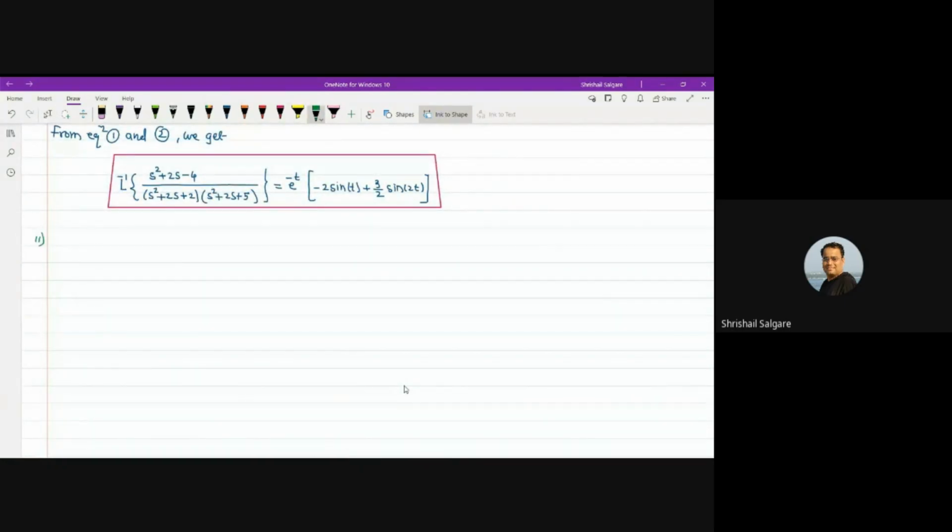Here only I will change the numerator. Find the inverse Laplace transform of the same example, s minus 5 upon s square plus 1 into s square plus 4. You have to complete these 2 examples as homework.